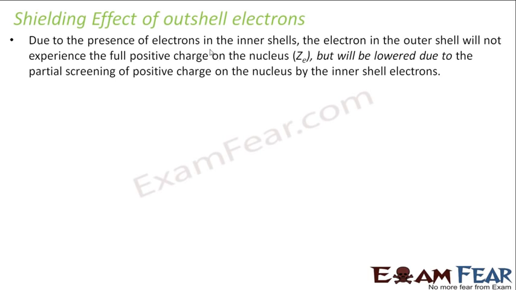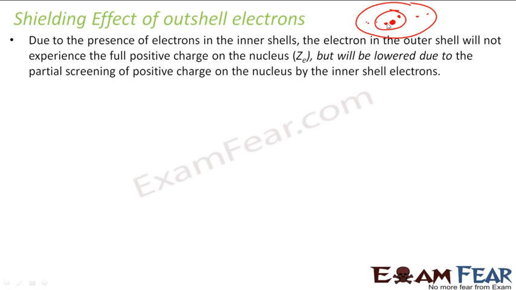If I have my nucleus, I have electrons here in 1s, then I have electrons here in 2s, then 2p, and so on. These inner electrons screen the effect of the nucleus on the outer electrons.